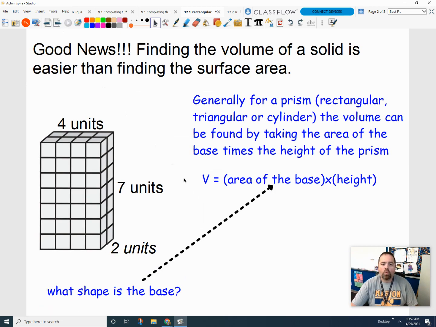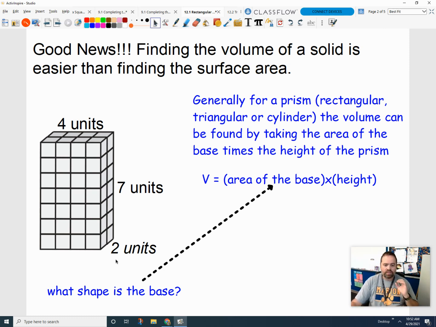All right, so what we have to do here is basically figure out what shape makes this what it is. Rectangular prisms are made up of rectangles. Triangular prisms are made up of triangles. And cylinders are made up of circles. The way I've always approached this is we have one general formula, and we just swap out a piece of it depending on whether we're doing a rectangle, a triangle, or a circle.